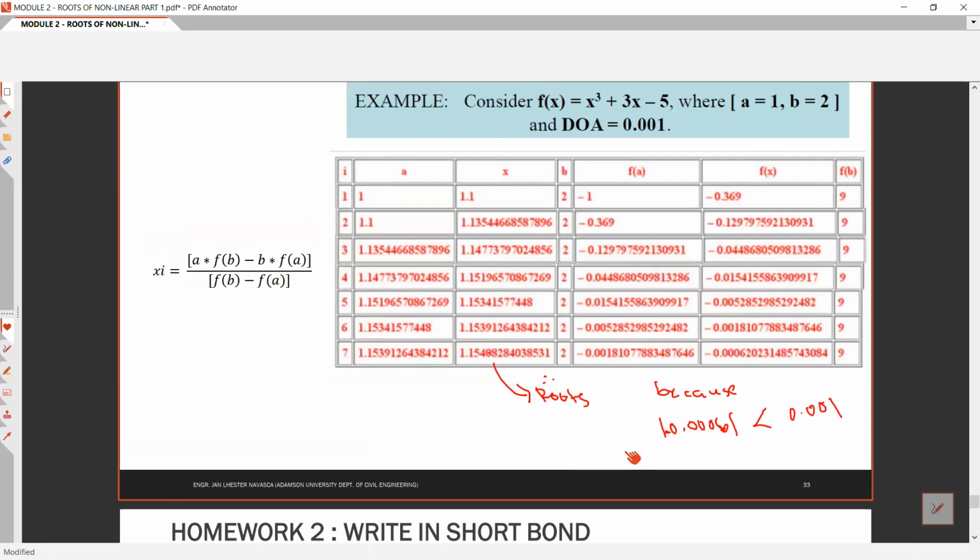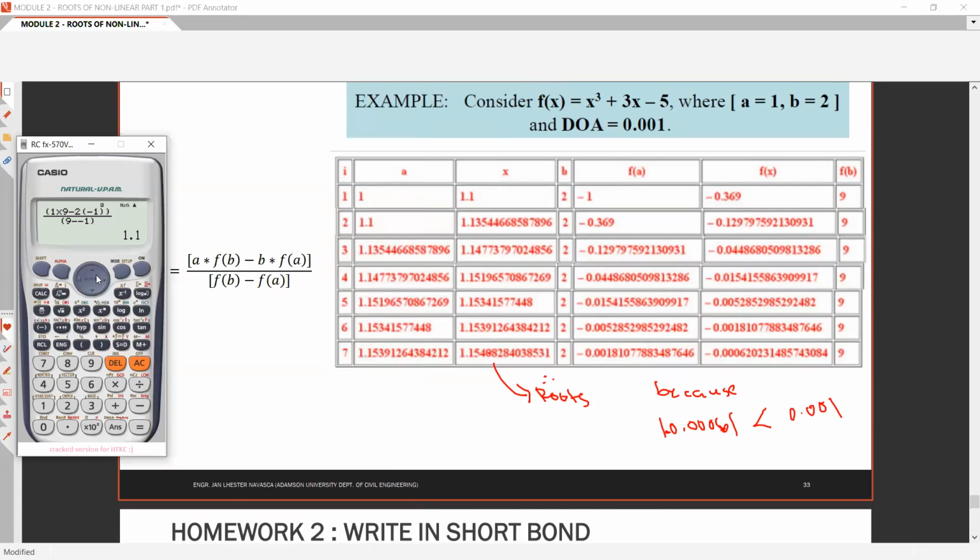Sir, pag magpa-plug in po ba ng xi, sa yung sa FA o sa FX po? Okay. Yung decimal places po ba, dapat po ba buo or pwedeng up to kunyari 5 or 6 lang? Mas okay kung buo eh. Okay po sir. Thank you.